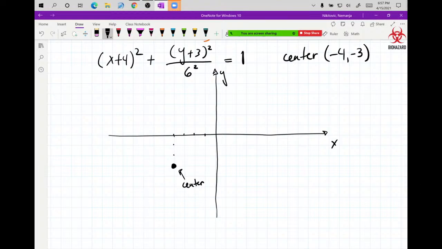And if you take a look carefully, this is like having a 1 squared in the denominator. So we do go in x direction 1 unit out each way. And then we have 6 going up: 1, 2, 3, 4, 5, 6.